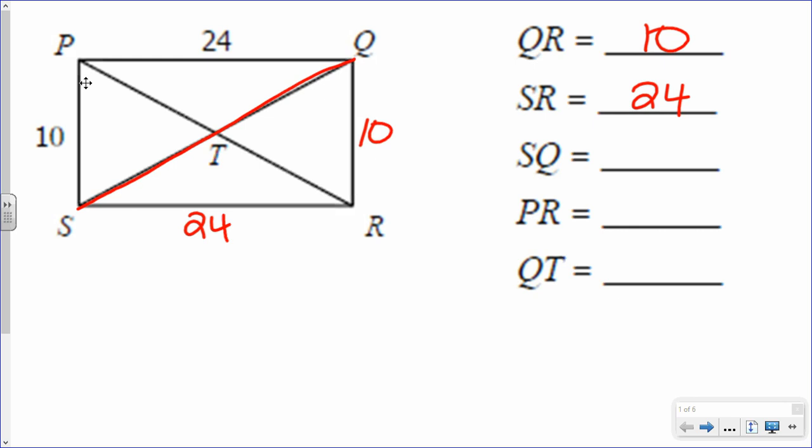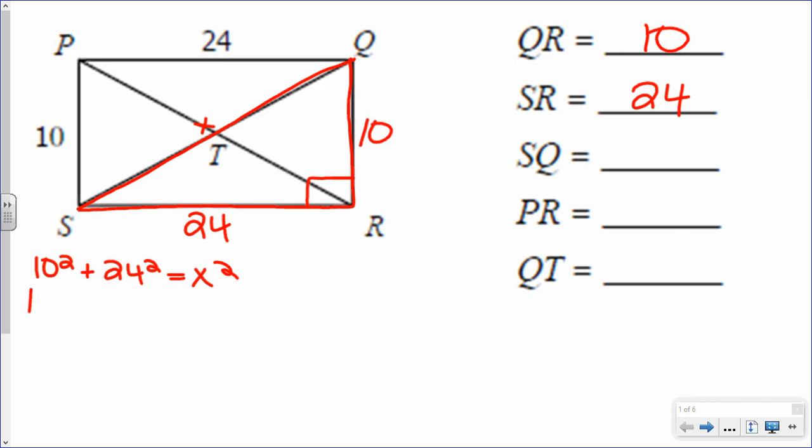And because all rectangles have right angles, this now becomes a right triangle where we're looking for the hypotenuse. So we'll call SQ x. And so then we have 10 squared plus 24 squared equals x squared.